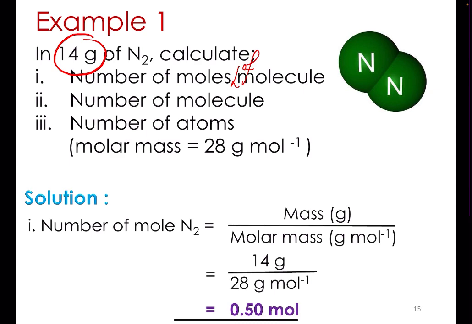And what I'm going to emphasize here is when you put your calculation in subjective style, please put the subject at the front. So number of mole here, you can put as a subject, or maybe you tak nak tulis panjang, you boleh tulis mole of N2.